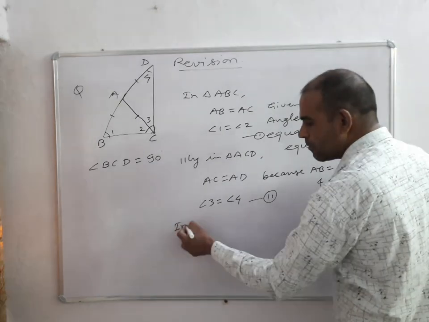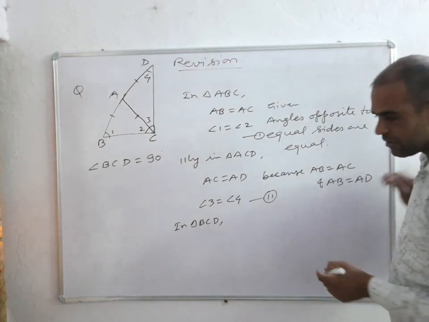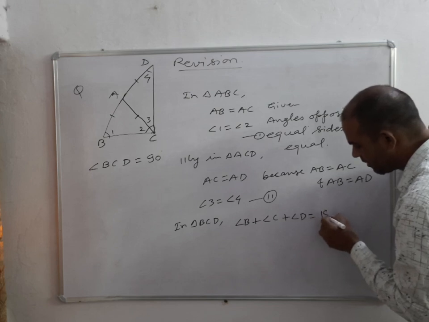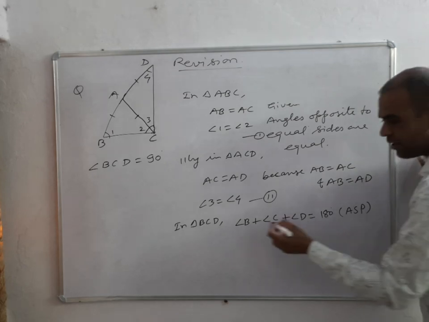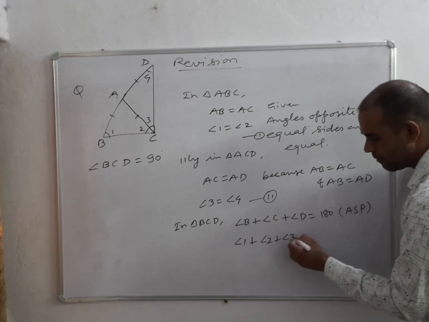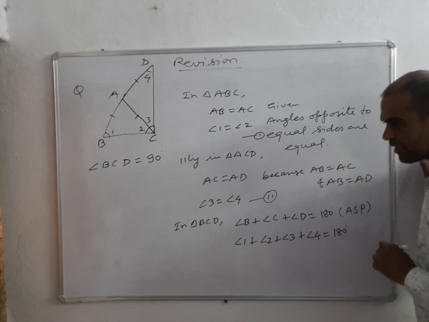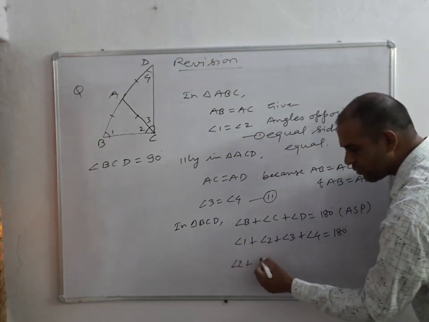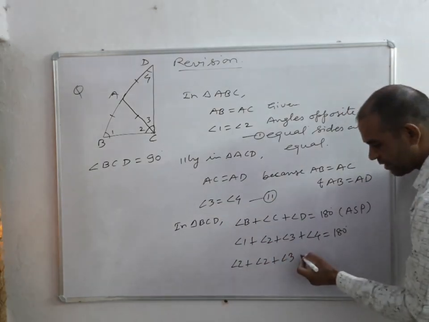Again in triangle BCD, we are using the angle sum property. Angle B plus C plus D equals 180. Reason, angle sum property. Angle B is angle 1. C की वैल्यू क्या होगी, 2 plus 3. Then angle D is 180 degrees. 1 and 2 are equal. So 1 की place से 2 put. ये 3. In place of 4, we can put the angle 3.